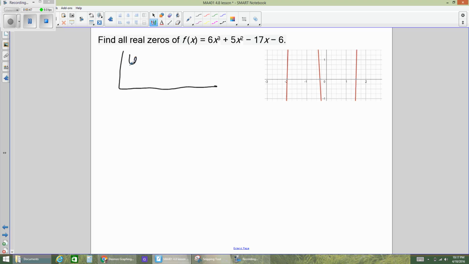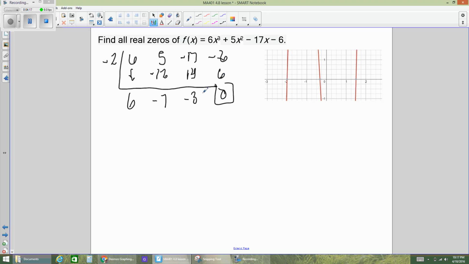The x cubed is a 6, x squared is a 5, the x value is a -17, and the constant is a -6. Bring down your 6, bring over your -2, multiply and add, multiply and add, multiply and add.